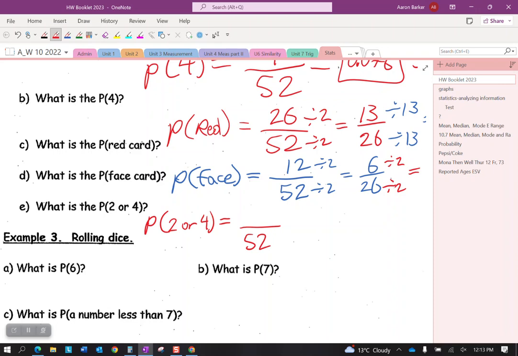I think you're confusing spades and suits. So 4, right? 2 of hearts, 2 of diamonds, 2 of clubs, 2 of spades. There's 4 2s. 4 of hearts, diamonds, clubs, spades. How many altogether? 8. Okay.